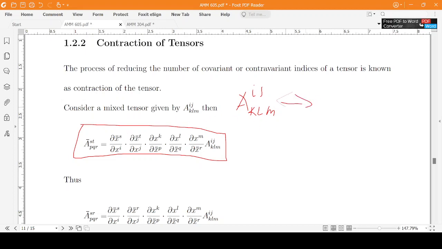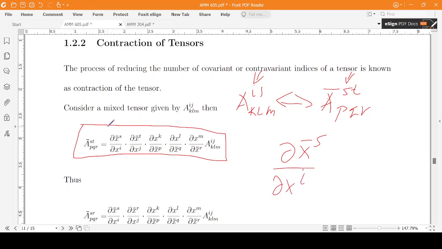We are transforming this to A bar, ST, PQR. So we shall be taking the partial derivative of x bar S with respect to the first index here, dxi.